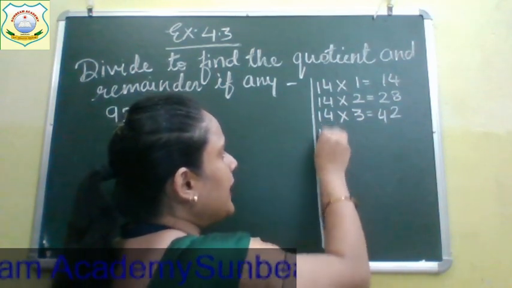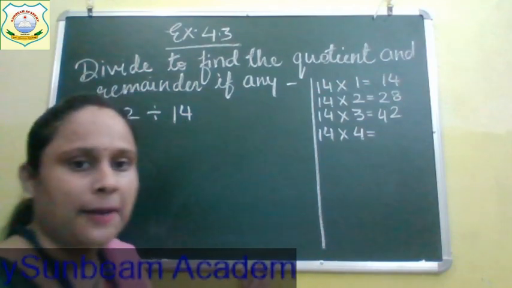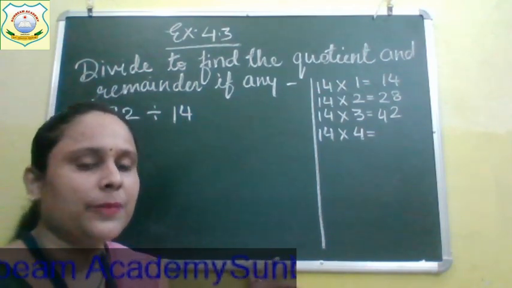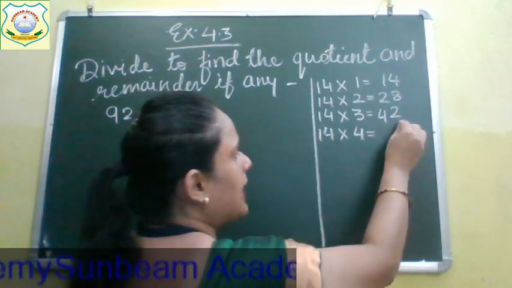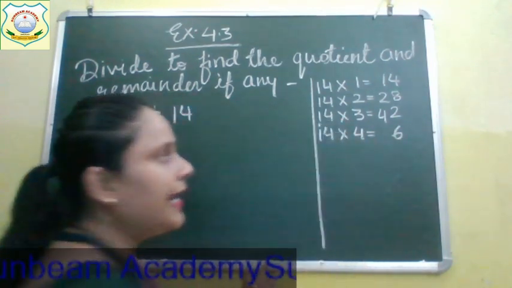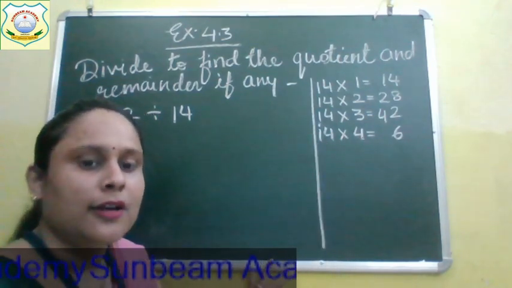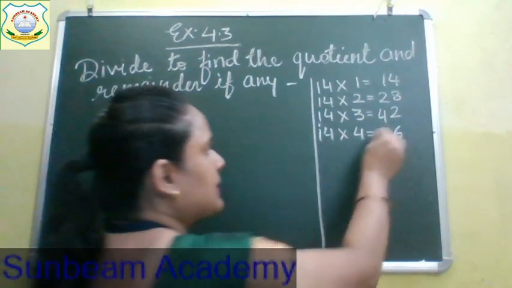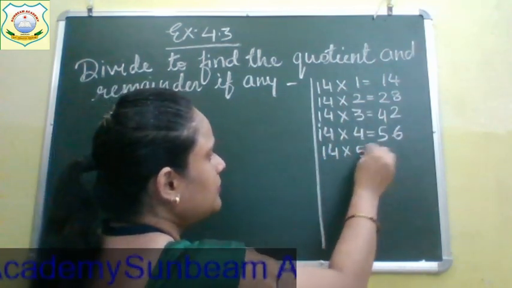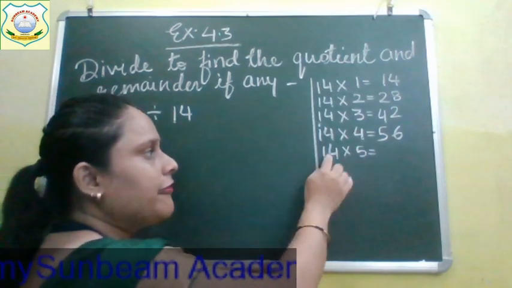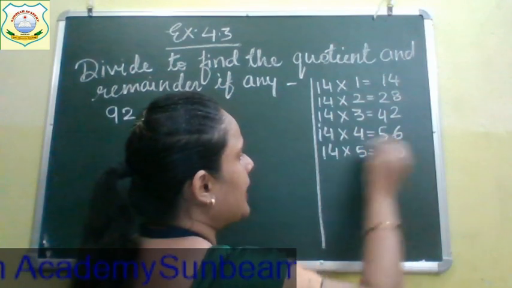Now see 14 into 4. First, you will multiply the number with the number in the ones place and then you will multiply the number in the tens place. 4 fours are 16, write 6 carry 1. Now, 4 will be multiplied to 1. 4 ones are 4 plus 1, 5. 14 into 5. 5 fours are 20. You will get 0.